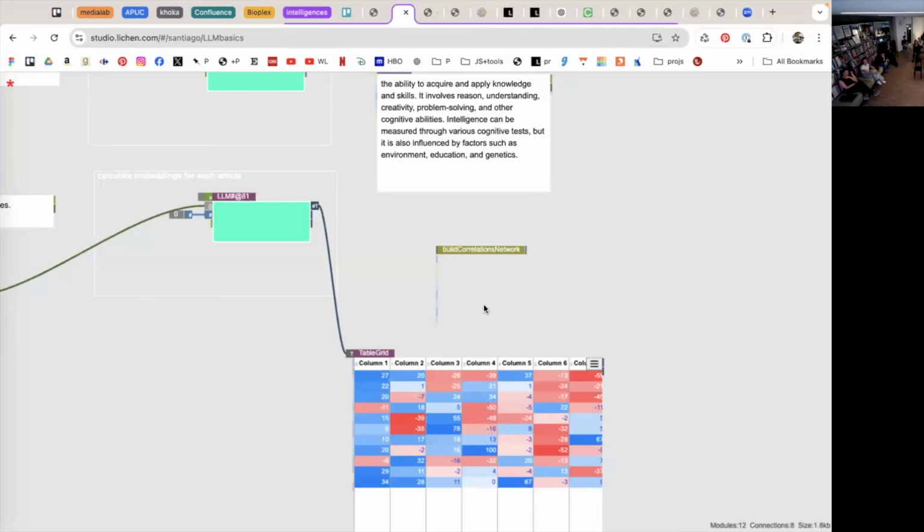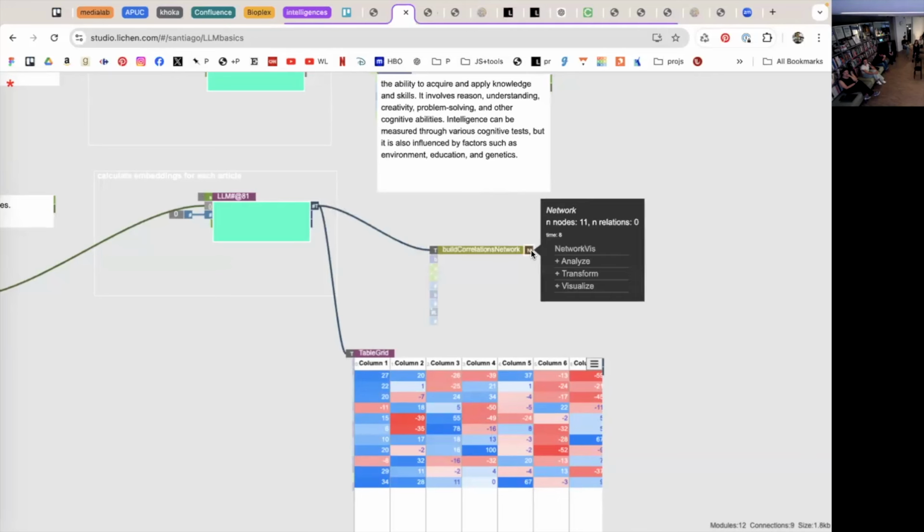They mean something similar, right? If the correlation is below a certain threshold that is arbitrary, we decide where to cut, we assume these are not connected, right? And that's what we're gonna do, connecting the number table. And actually, it builds a network with all those connections, but it didn't find any relation.